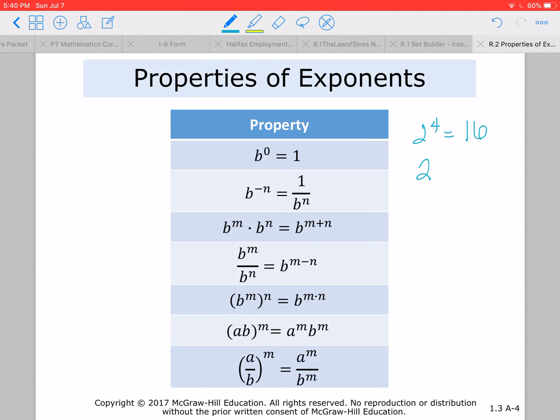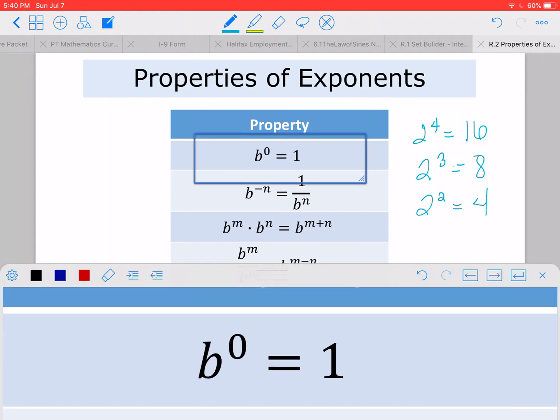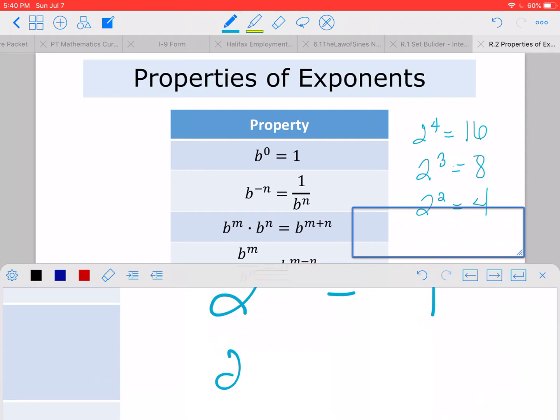Let's go back. 2 to the 3rd is 8. 2 squared is 4. And 2 to the 1st power is 2.